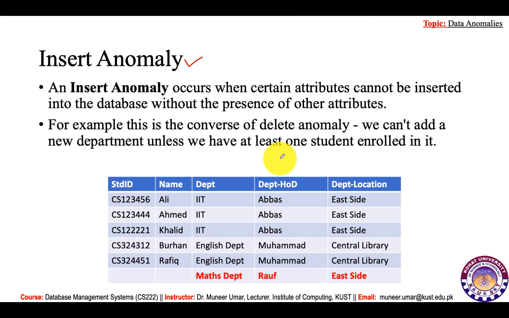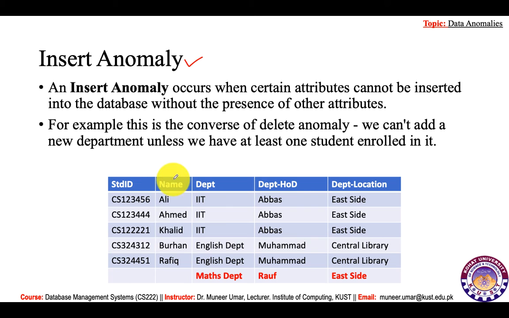Now, in insert anomaly, suppose we are going to enter something in the table, but we don't have all the values for attributes. So in that case, the data will not be inserted. The insert anomaly occurs when certain attributes cannot be inserted into the database without the presence of other attributes.